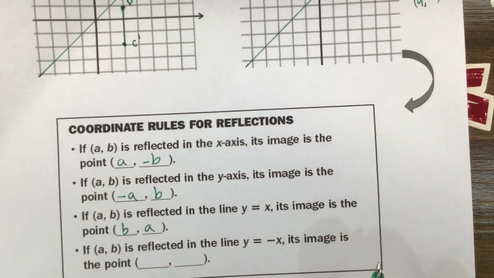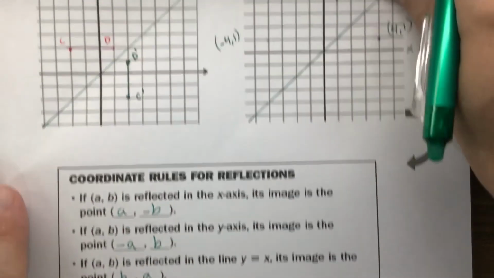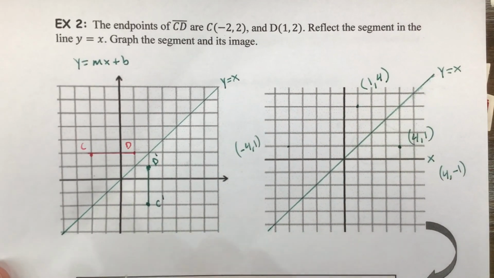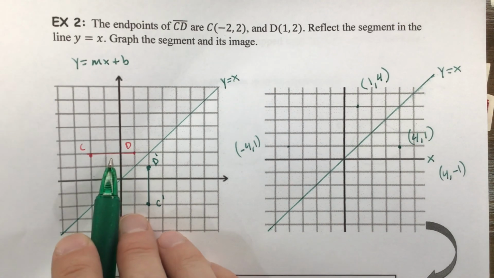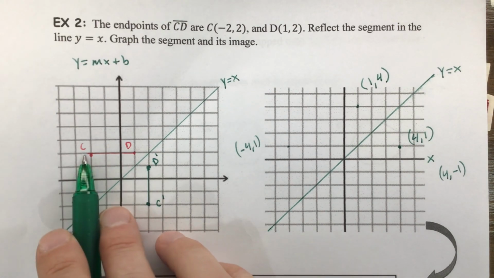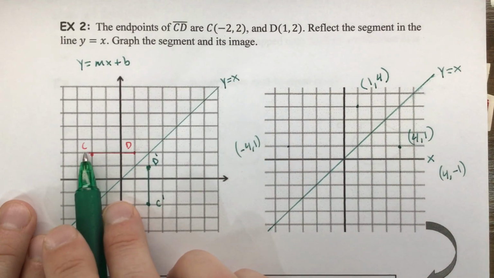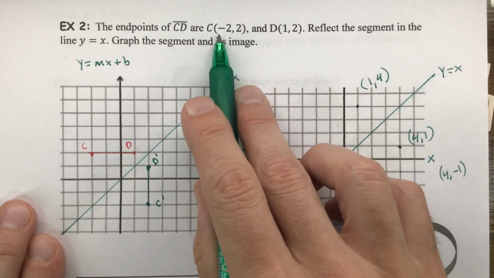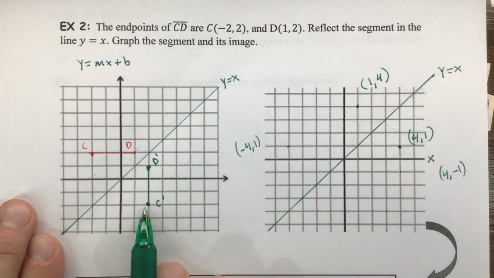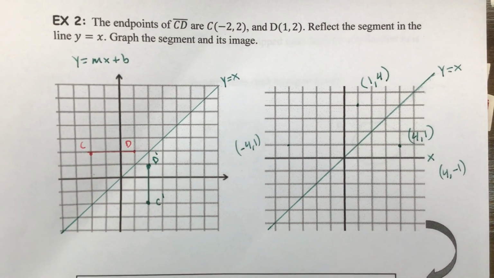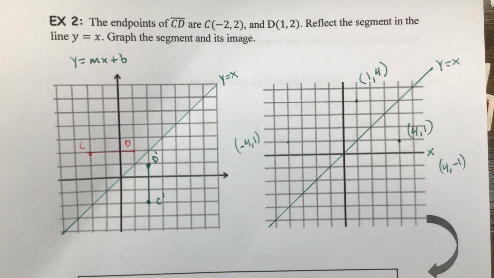Okay, they just switch the order. We can even take a look at this picture and verify it. Let's just take C. That was at -2, +2, which means that C prime is going to be at 2, -2. Out 2, down 2, and there it is. So now that we have that mapping, it's going to make it a lot easier to do.